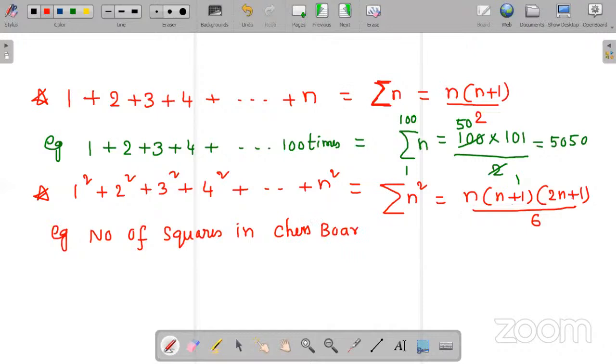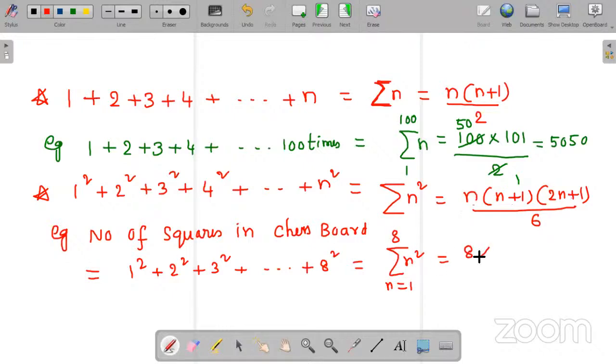Squares in a chessboard equals 1 square plus 2 square plus 3 square and so on up to 8 square. This means sigma n square from n equals 1 to 8. In place of n, write 8: 8 into 8 plus 1, which is 9. Now 2n, 2 into 8, is 16. 16 plus 1 is 17, upon 6.